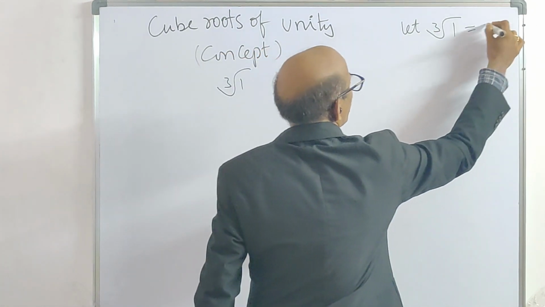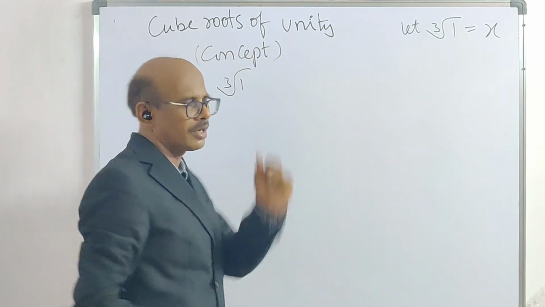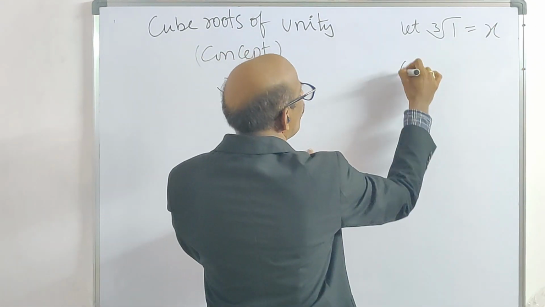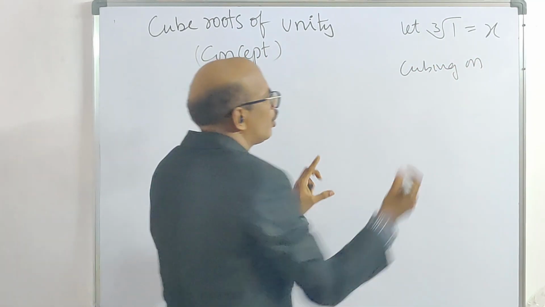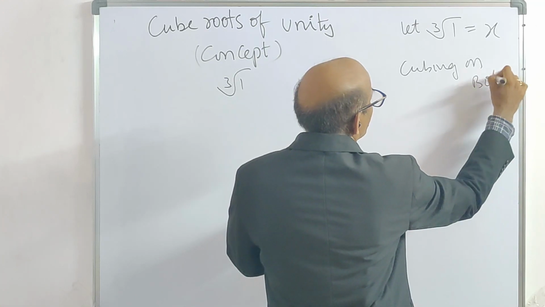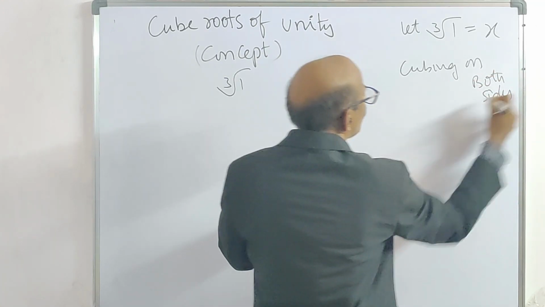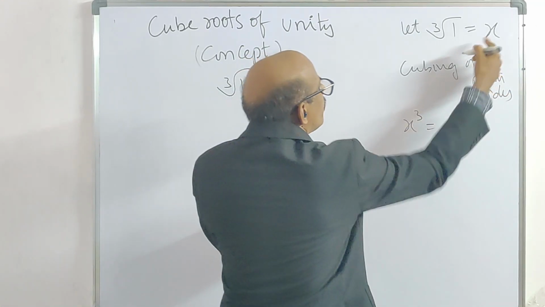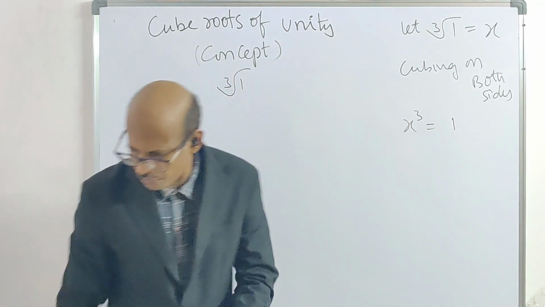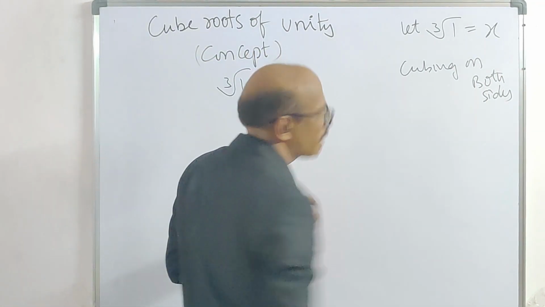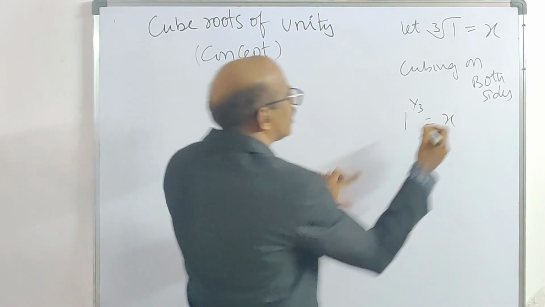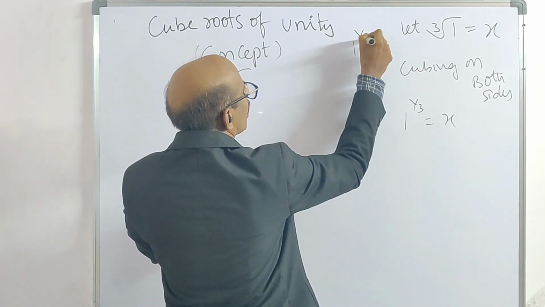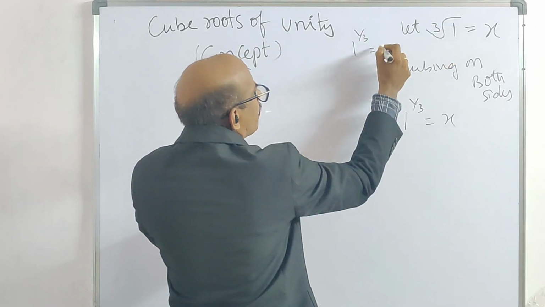Let us assume it is x. Right? Concentrate, don't deviate. Cubing on both sides, a very simple step. I am going to conclude. Cubing on both sides, it will be x cube equal to 1, because 1 to the power 1 by 3 is x, as given, our assumption in the first step as x.